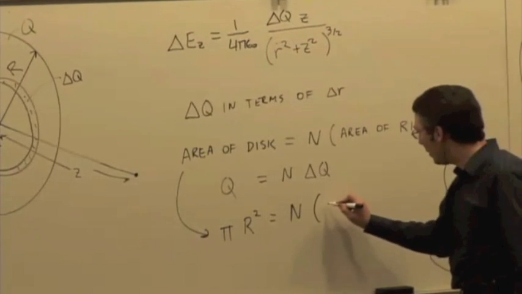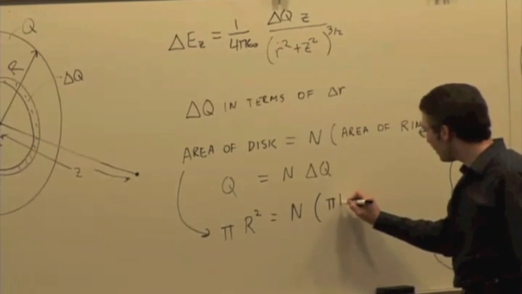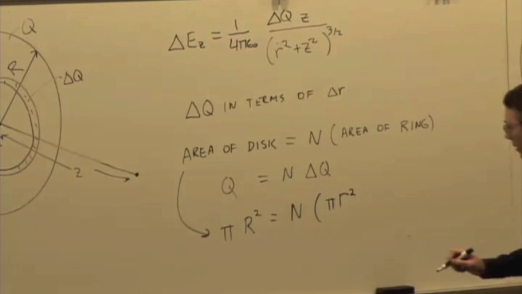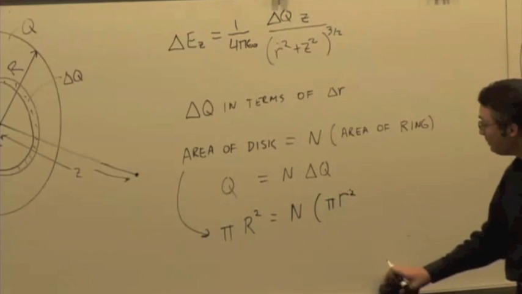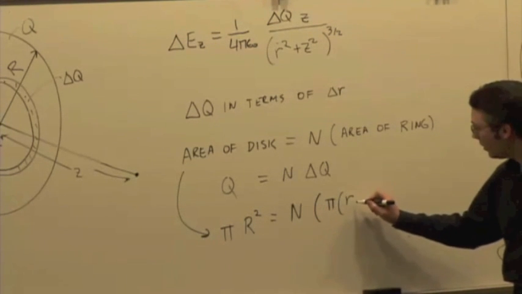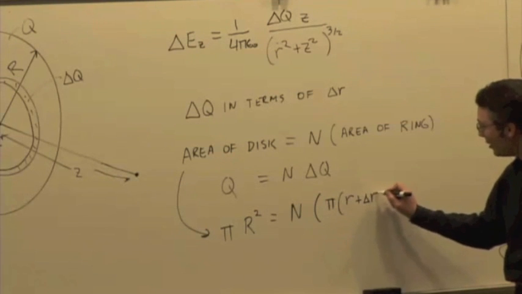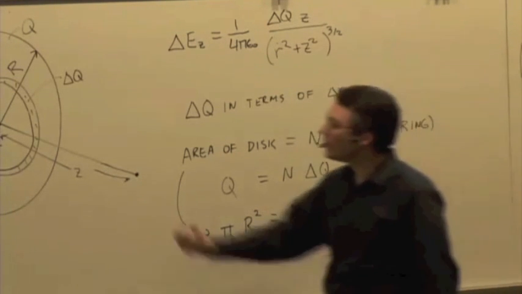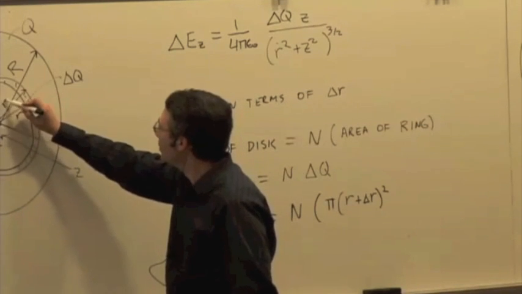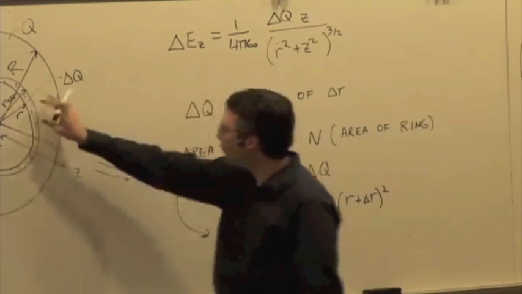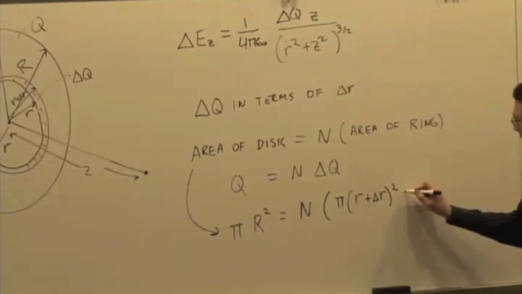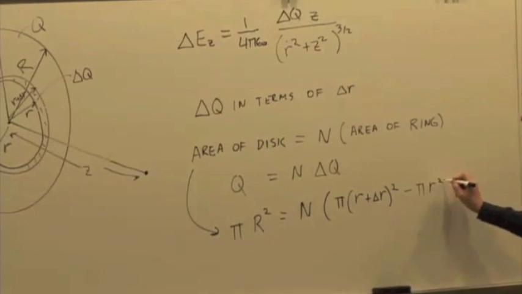We would have pi times r plus delta r squared. If I say that this is r and this is r plus delta r, we're going a little bit farther out as we go from the inner radius to the outer radius. Minus pi r squared.